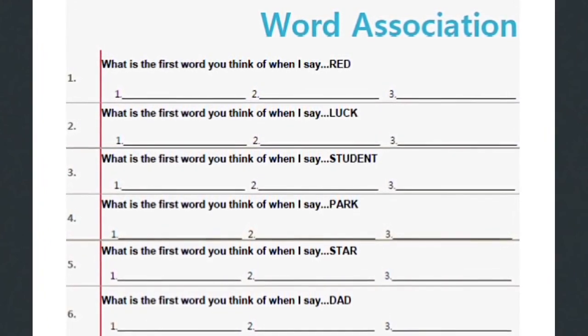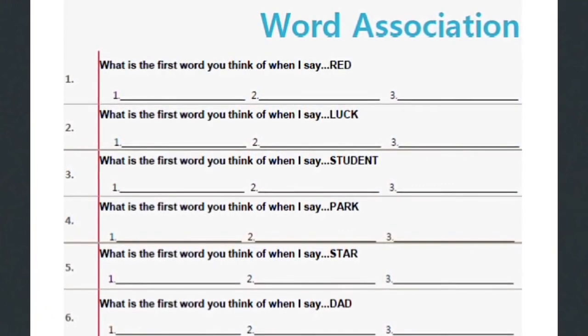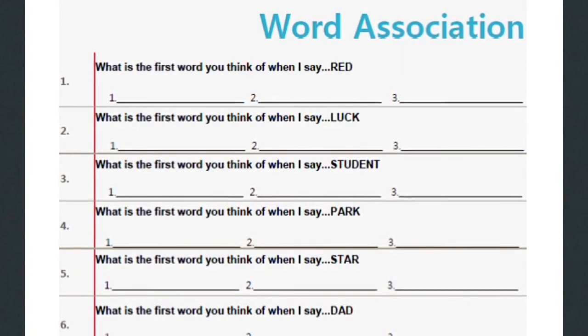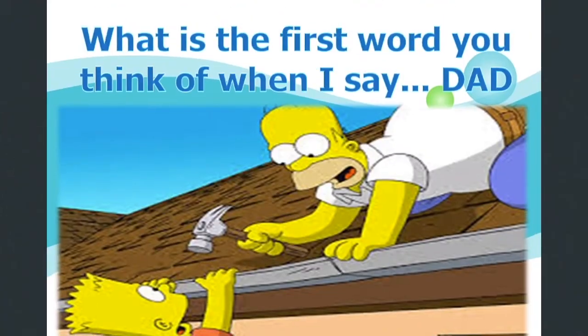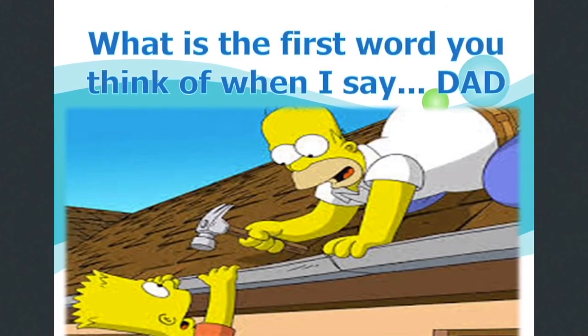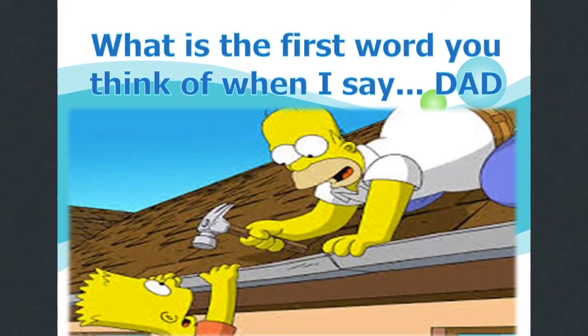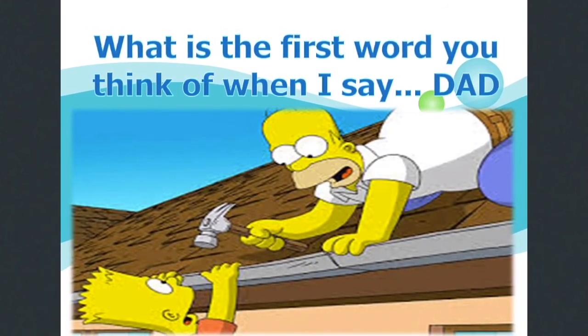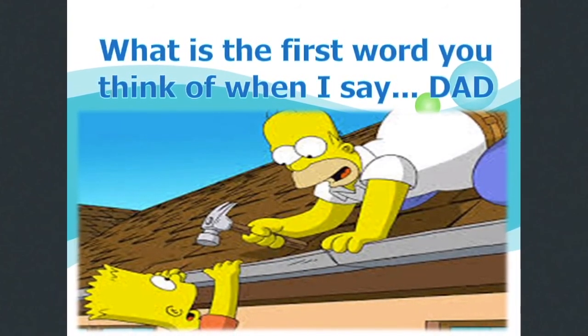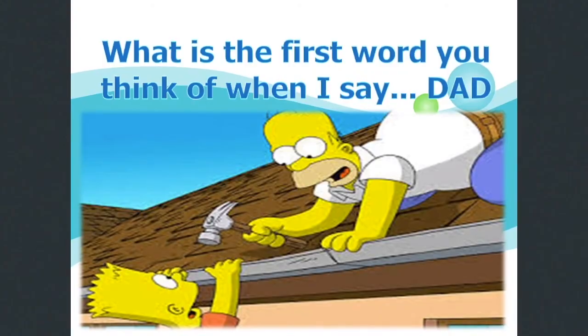If you look at number 6, it says, "What is the first word you think of when I say dog?" On the TV in your classroom, you could put a slide up with a picture of a dog. This will help students generate new words and come up with interesting and creative ideas.